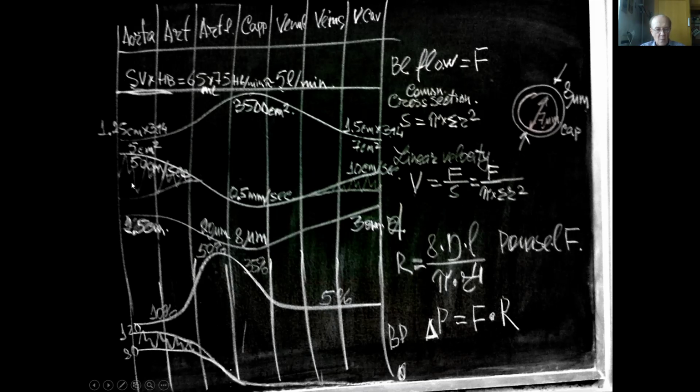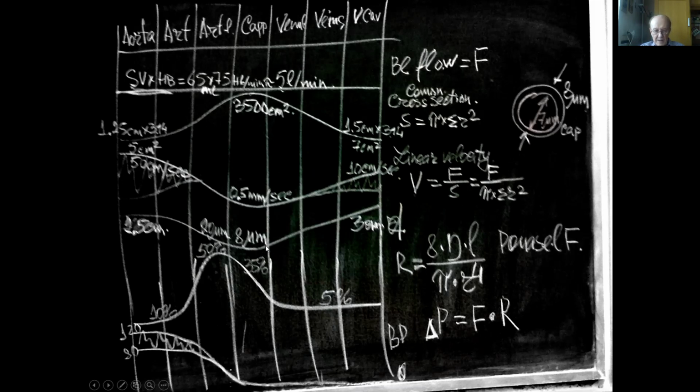That's why we have the vibration, the oscillation of the linear velocity in the arteries. Then we have the same without vibration of this velocity in the small blood vessels, in the capillaries, in the arterioles, and in the venules and the small veins.